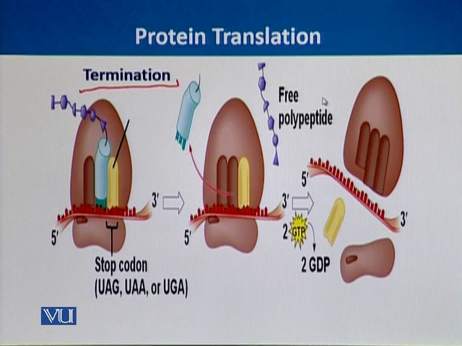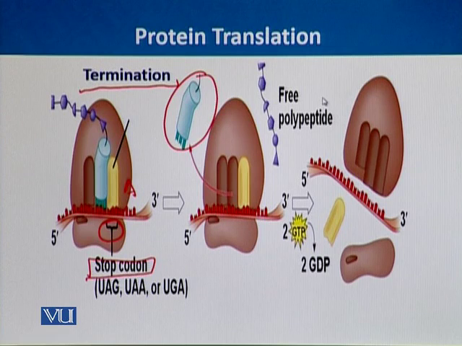In the termination process, we know that the process will stop when the last codon, that is the stop codon, reaches the A site, and a specific release factor will come here and bind at the A site, and this will lead to the termination of the process of protein synthesis.